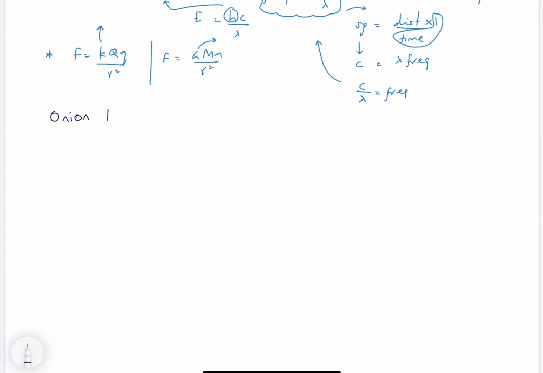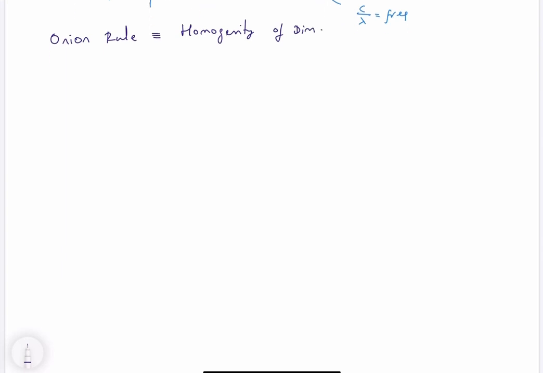Onion rule is my term given to homogeneity of dimensions. What does this onion rule mean? Onion is nothing but onion plus onion. Similarly, it's like birds of the same feather flock together. So onion equals onion plus onion.